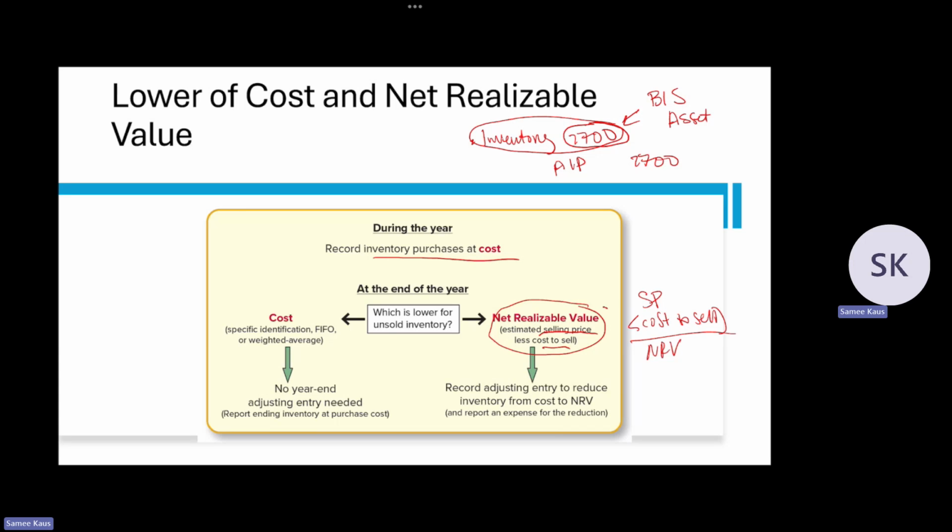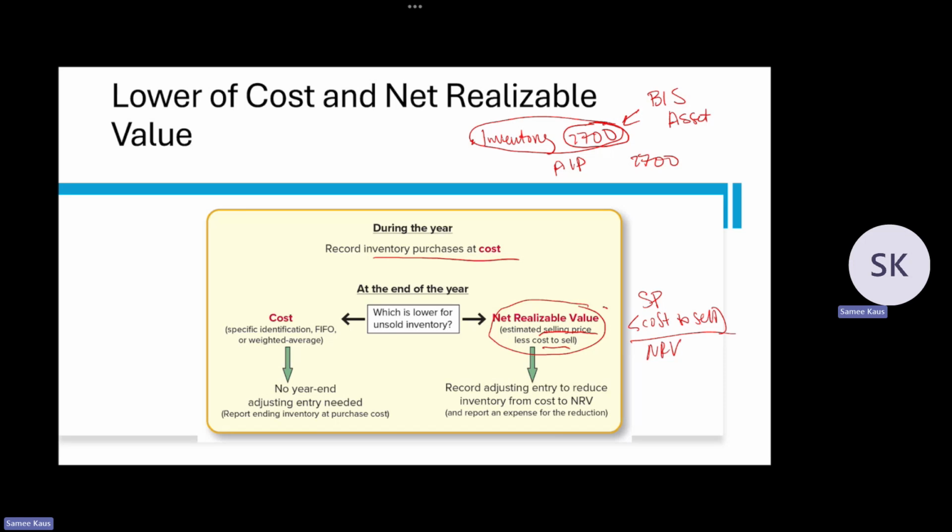So what that tells me is that I need to make an adjustment. I have to have an adjusting journal entry if my net realizable value falls below my cost. Now, think about the other side of this. I have this inventory sitting on my books at $1,700 and I'm going to be able to sell it for $3,000.